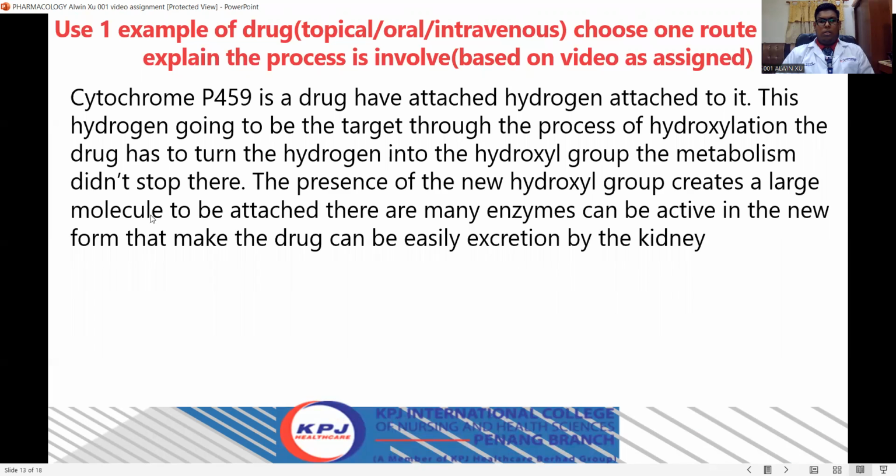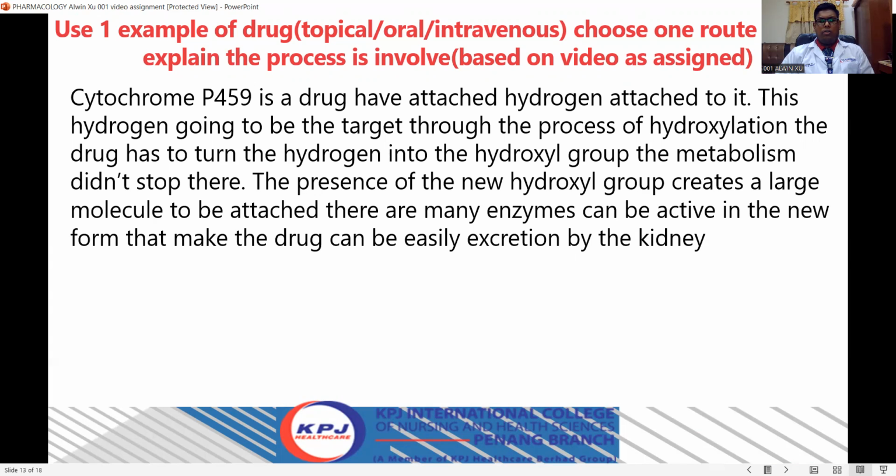So the example of the drug that I choose is intravenous. Cytochrome P450 acts on a drug that has a hydrogen attached to it. This hydrogen becomes the target through the process of hydroxylation.